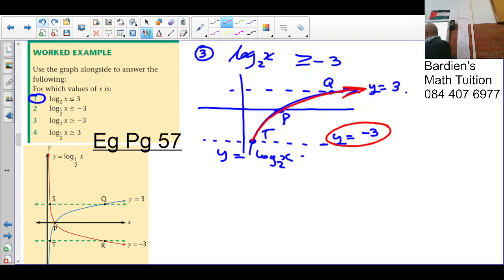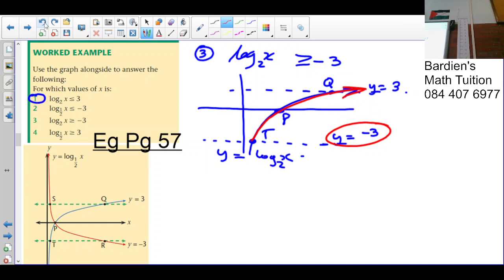Continuous. So it's going from this x value here all the way to infinity. Do I know that x value? No.